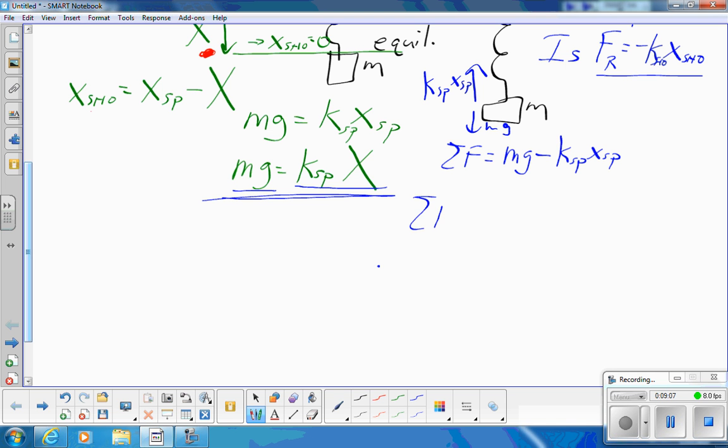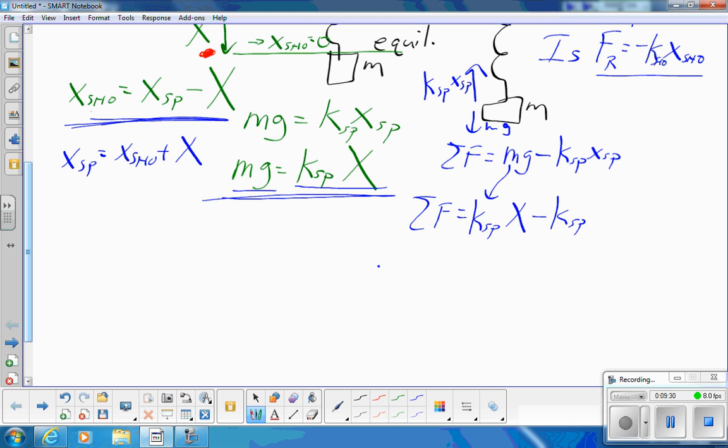So for the net force, I'm going to sub in for mg, k_sp times X. Then over here, I'm going to do minus k_sp times x_sp. But x_sp, from the relationship between those two coordinate systems over here, is equal to x_SHO plus big X. So I'm going to sub in for x_sp, x_SHO plus big X. Okay, this is a big X over here too. All right, let's do a little bit of algebra.